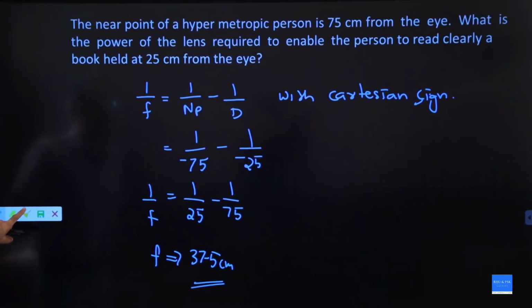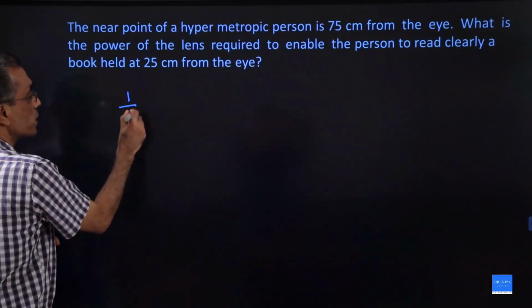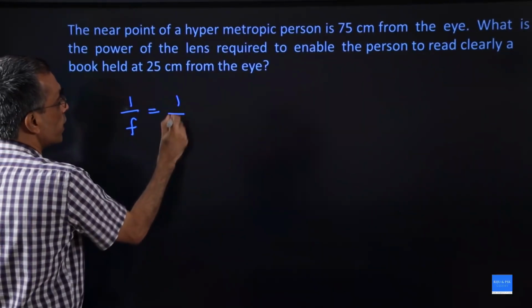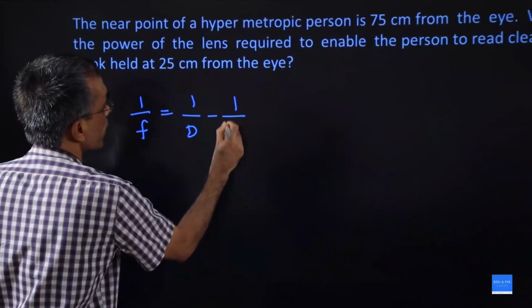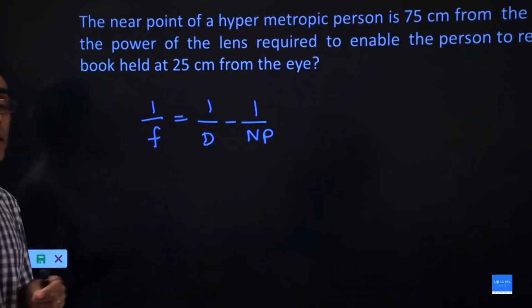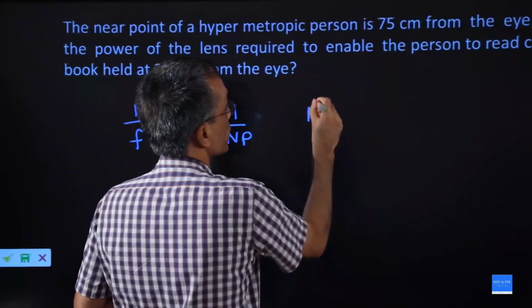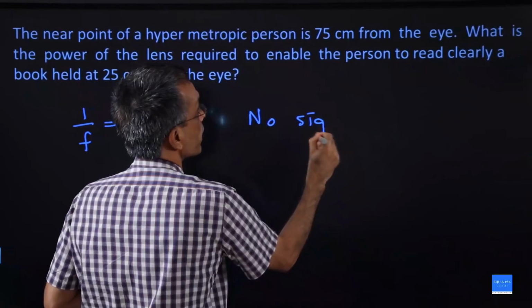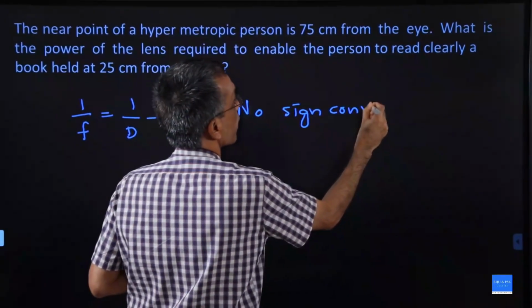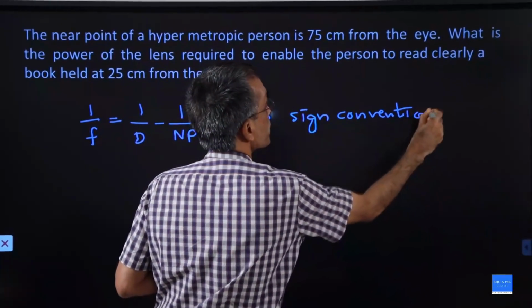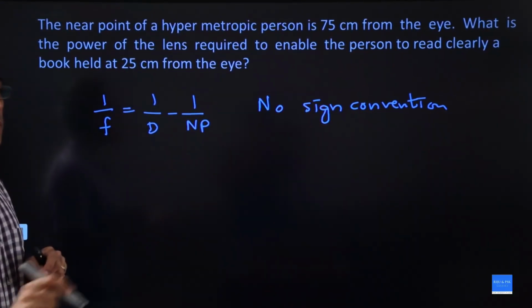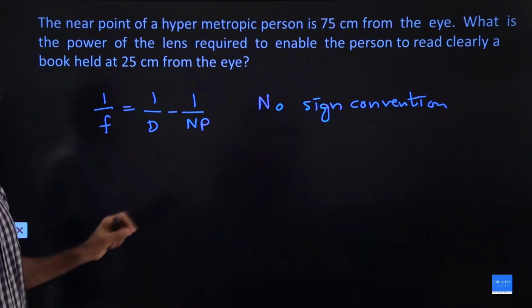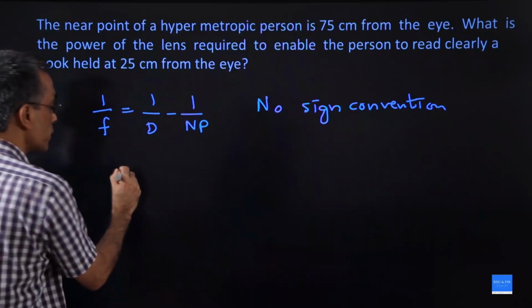Method 3 is the direct equation 1 by f equal to 1 by d minus 1 by near point. No sign convention. You don't need to use any sign convention here. So, if you are not happy with sign convention, whenever a hypermetropic problem comes, directly use this equation.